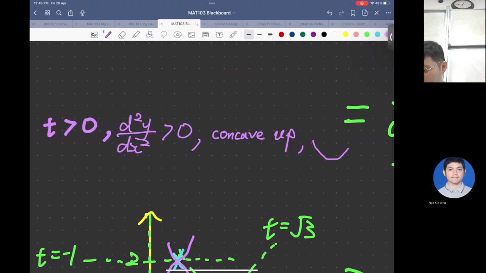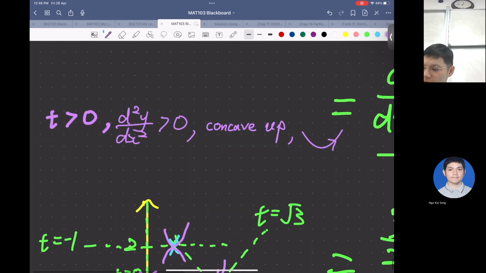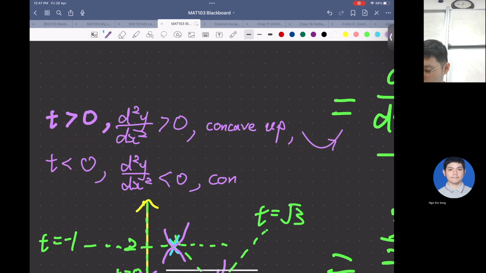So if concave up doesn't mean anything to you, you should remember the diagram like this. Concave up, you go up. So t less than 0, you get d squared y over dx squared less than 0, where you are concave down. So you go like this. Concave downward.